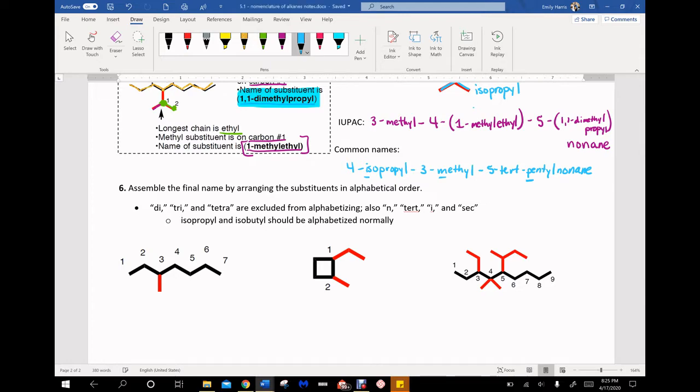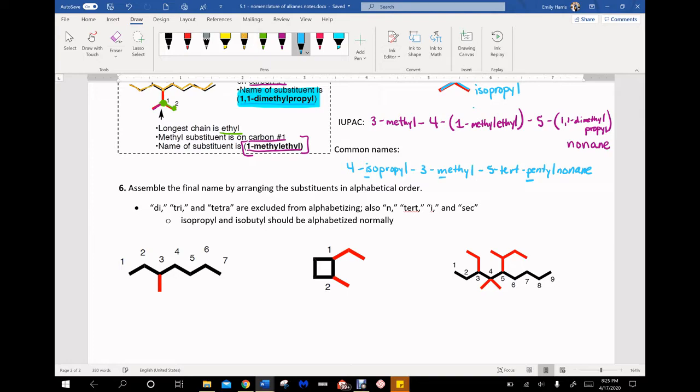Also tert and sec. Don't ask me why they decided to exclude those, but they did. So you just have to get used to that. Now, even though isopropyl and isobutyl start with an I, they're alphabetized just normally as you would anything else.